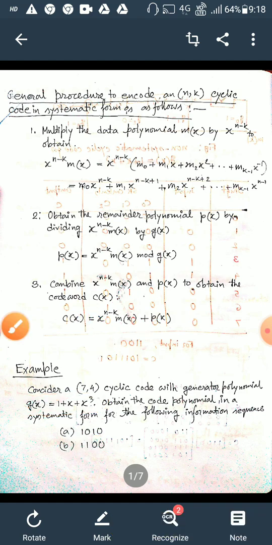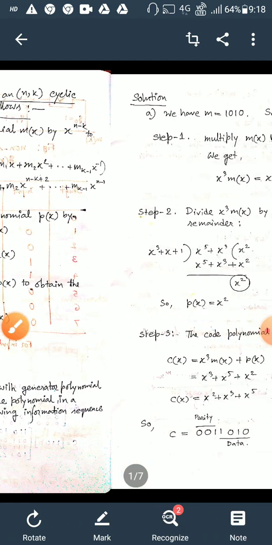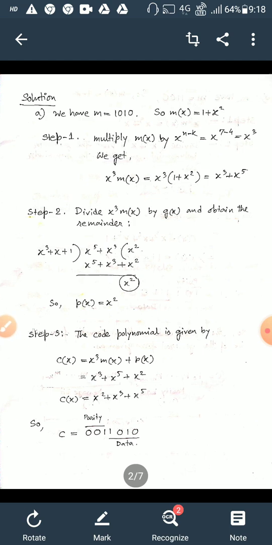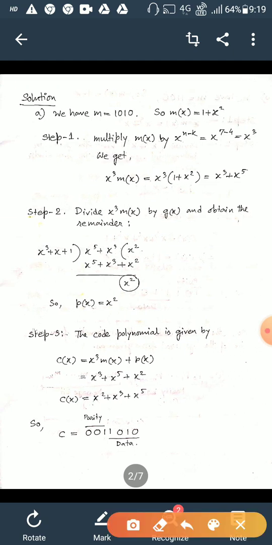For step number 1, you have to multiply the message polynomial with x to the power of n minus k. That is, multiply m(x) with x to the power of n minus k. So initially you have to identify the value of m(x), the message polynomial. The message is given as 1010.